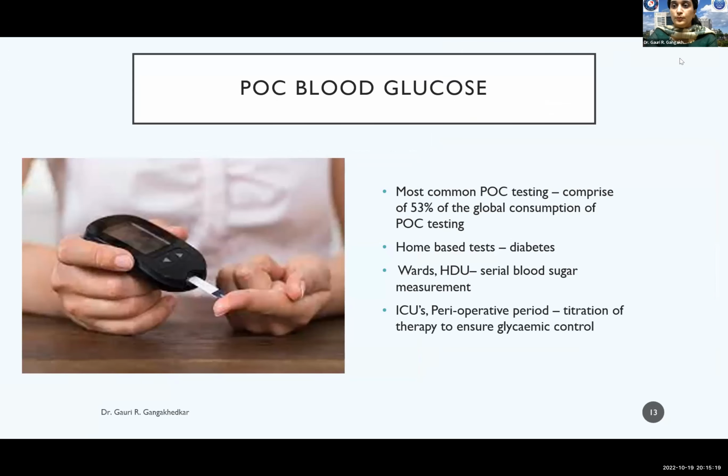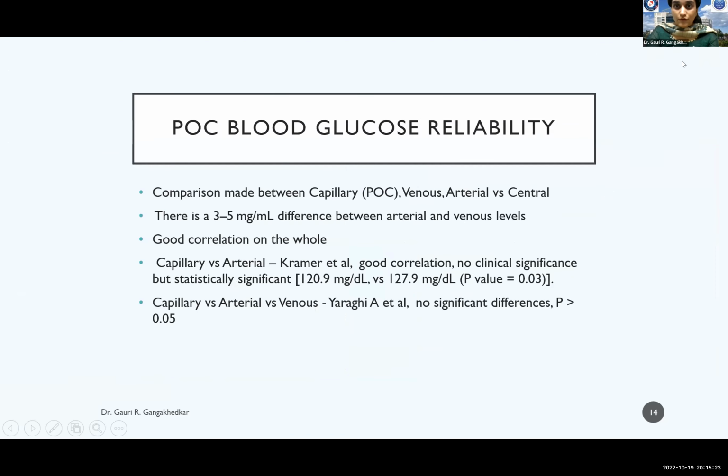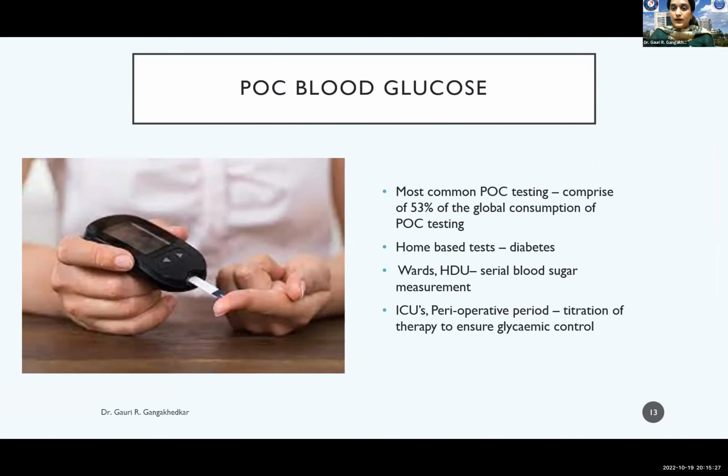When we move on to point of care blood glucose testing, we have to understand that most of the global point of care testing, 53% of the global consumption, comprises blood glucose testing. Point of care basically originated as home-based tests for diabetic patients, and that is what their primary use still is, even in the hospitals or in the HDUs.